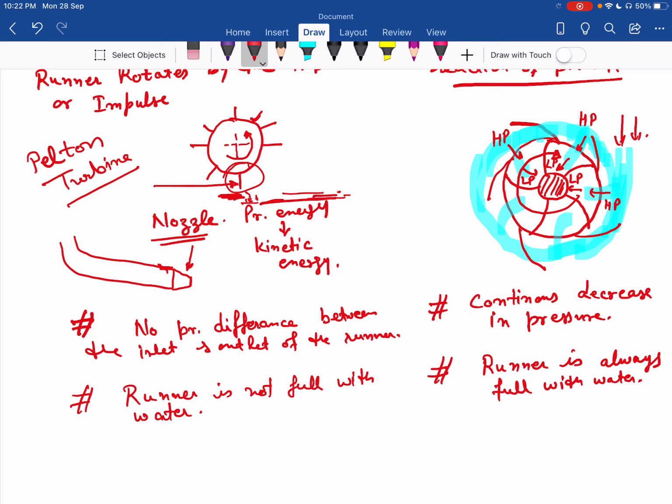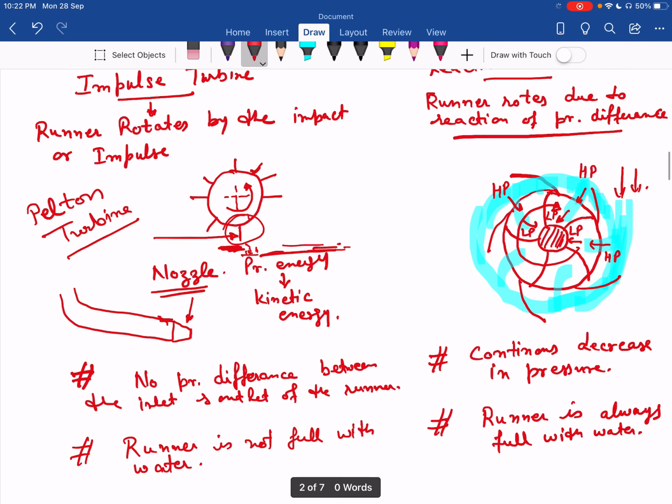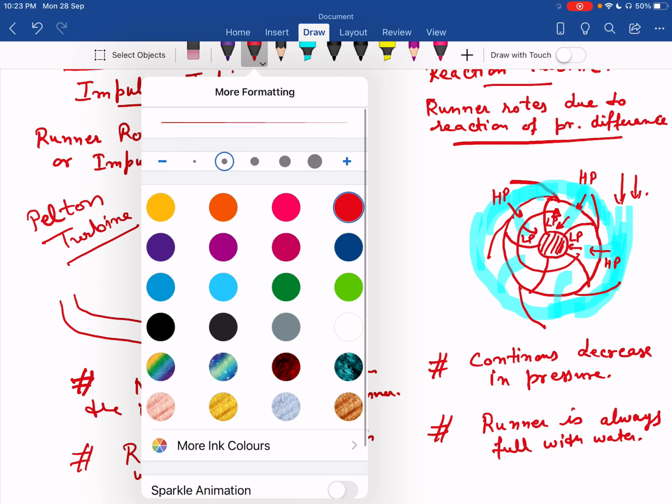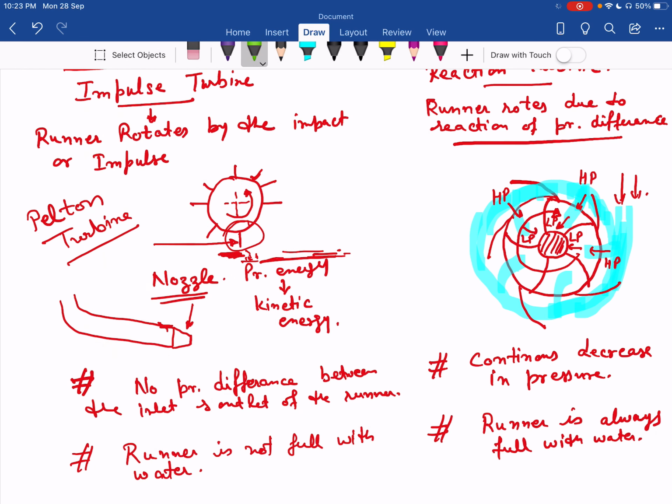To keep this pressure difference from high to low, we have to separate this runner from the atmosphere. That separation is done by enclosing this runner in a special type of casing.